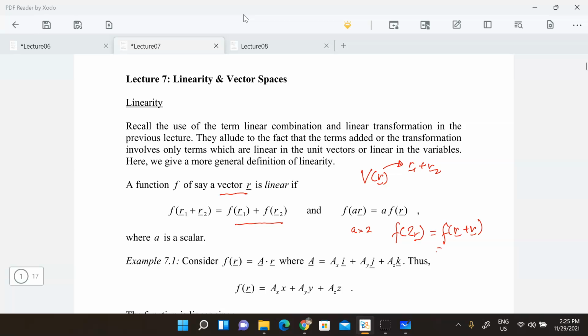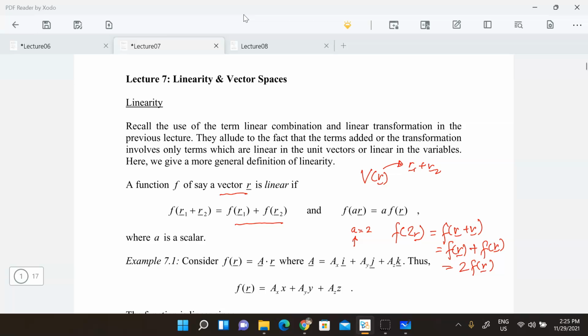According to this formula, this will just be f(r) plus f(r), and that will be 2f(r). For integers like this it is easier to show, but you can have a much more general a here, where it could be a real number or a complex number, and this still essentially holds.